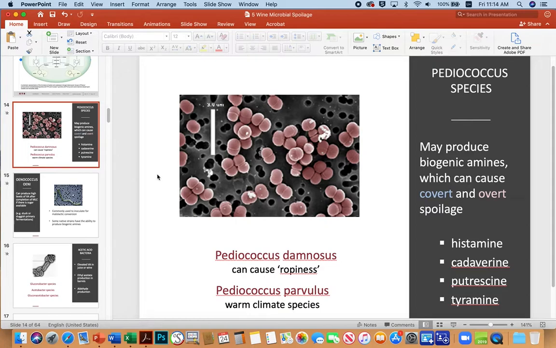Pediococcus species can produce biogenic amines, which I've talked about, but they also can produce something called ropiness, which I've also talked about. The ropiness is basically a texture defect, primarily caused by the enzyme glycosyltransferase, which the bacteria produce. The ability of that enzyme to polymerize glucose monomers into chains causes that thickness and viscosity.